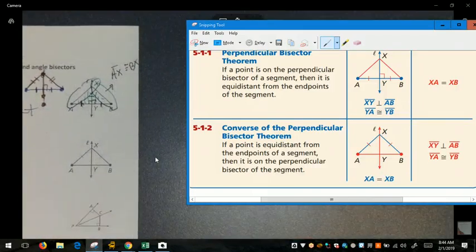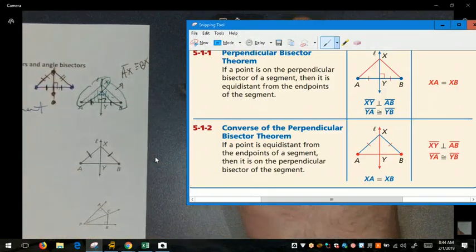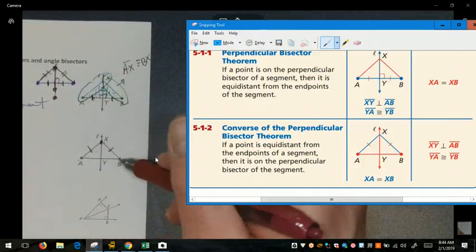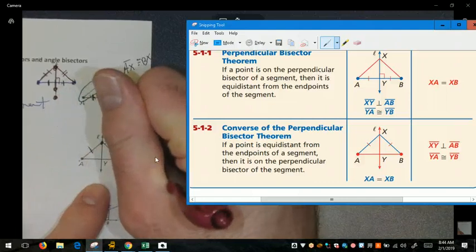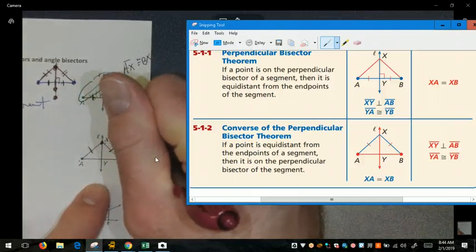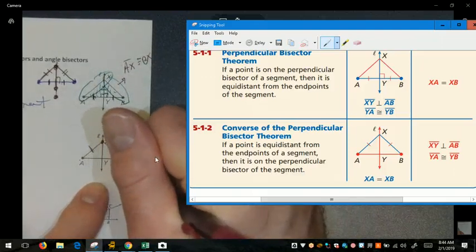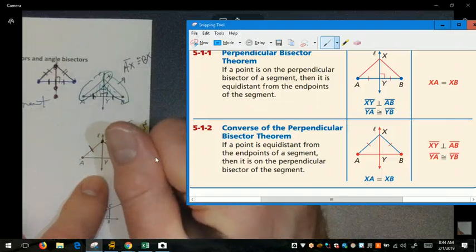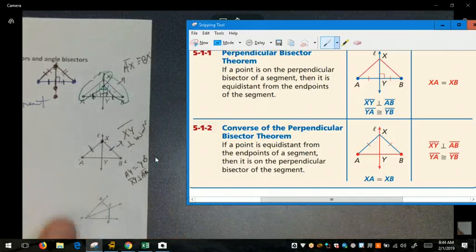So here we were given that AX and BX are congruent. So point X, since it is equidistant to the endpoints of the segment, the conclusion is that XY is the perpendicular bisector. Or in other words, AY is equal to YB and XY is perpendicular to AB.